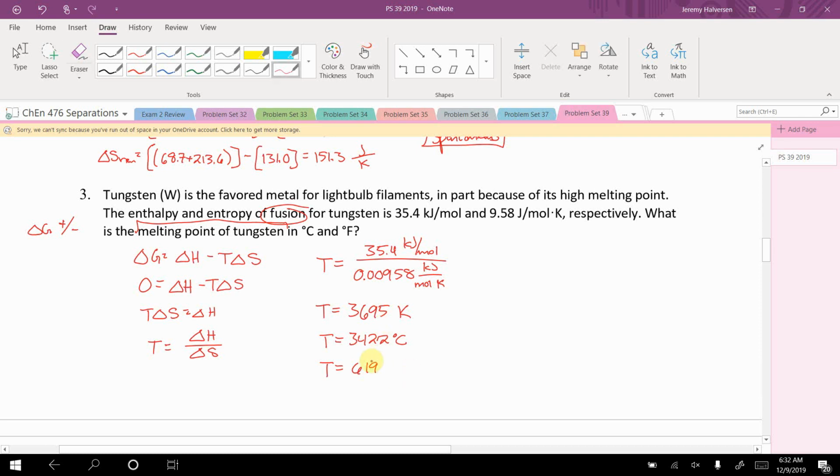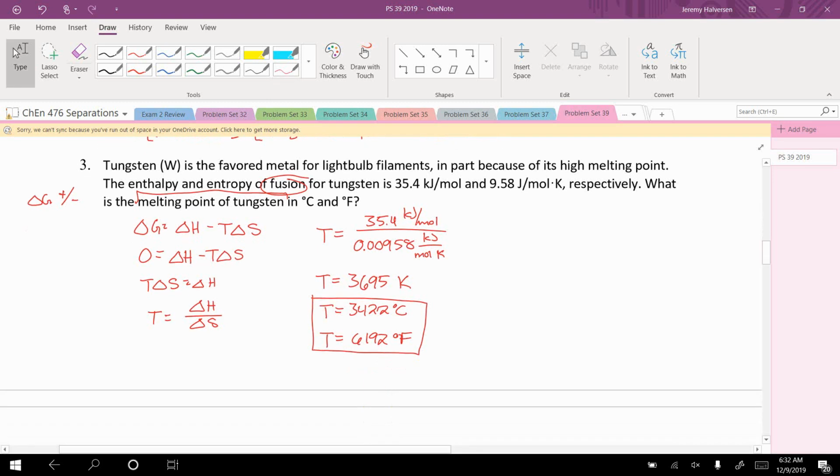I'm going to plug that all in my calculator again to make sure they're right. Okay, I think those are right.